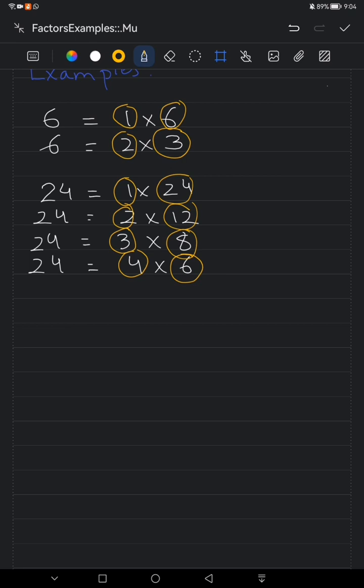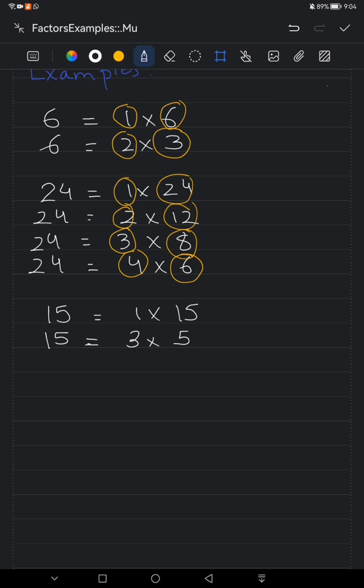Let's take some odd number now. 15. 1 multiplied by 15. Then 15 also comes in the table of 3. We won't check it in the table of 2 because 15 is odd, so it won't come in the table of 2. 3 fives are 15.